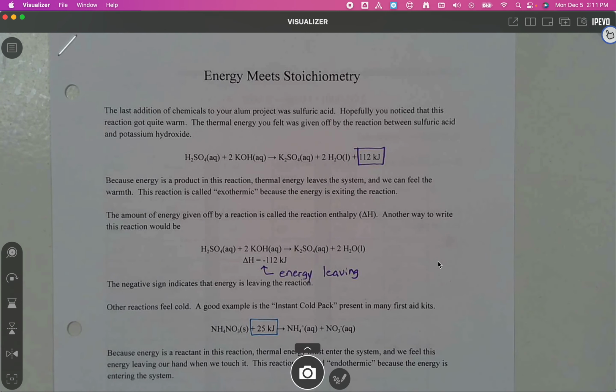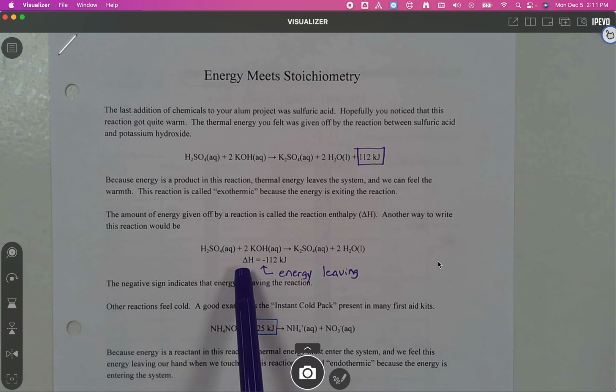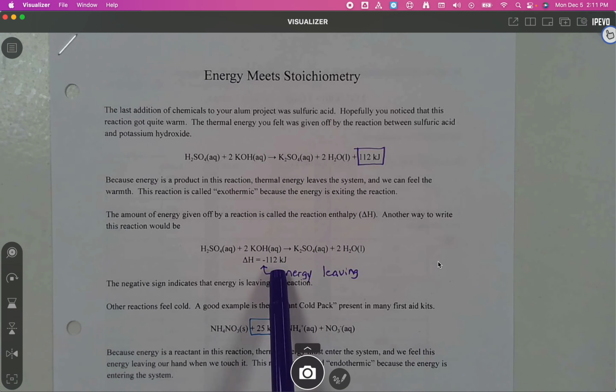We call the reaction exothermic because energy is exiting the reaction and going out into the world, causing things around it, like the beaker or your hands, to heat up. We can rewrite this showing energy as being negative.